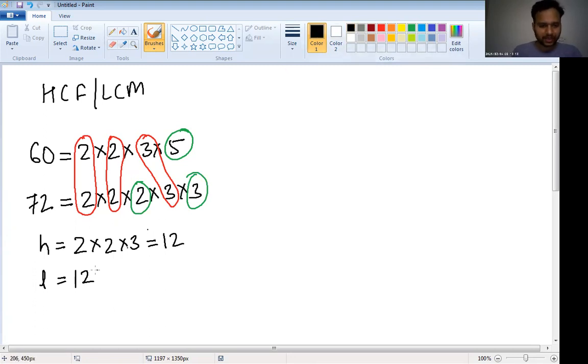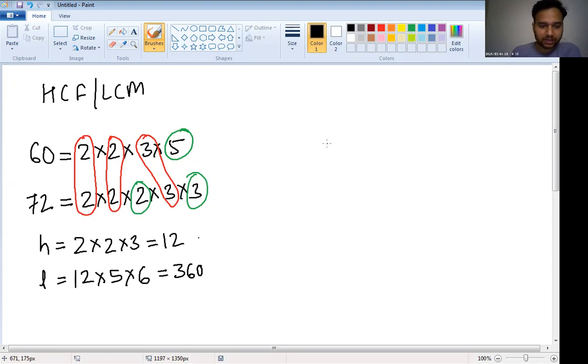So we used to take the common part once, that means the HCF once, and then the uncommon parts from both the numbers. So LCM of 60 and 72 would be 360.